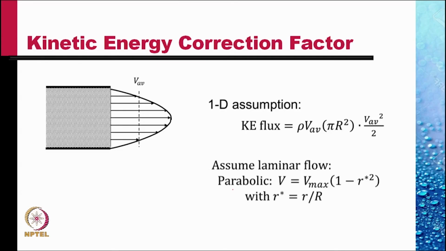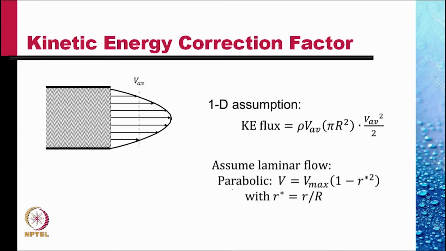So, we calculate the kinetic energy flux by using the average velocity, and then we multiply it by a correction factor to find out the actual kinetic energy flux. If we have a circular pipe of radius r, then the one-dimensional assumption would require that we assume the velocity is the average velocity all across the pipe section.